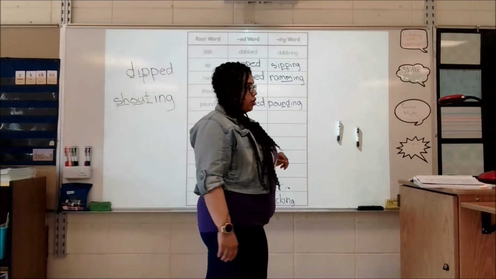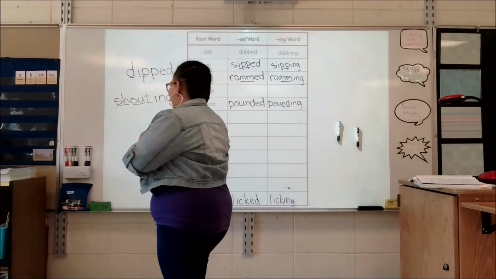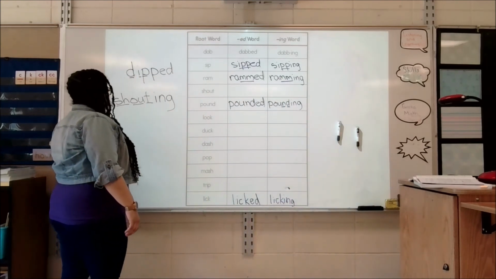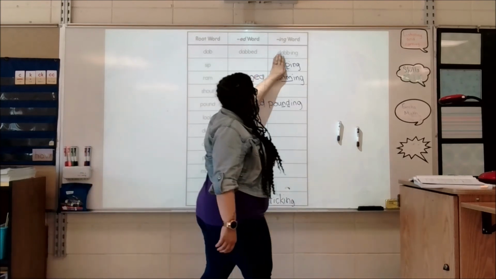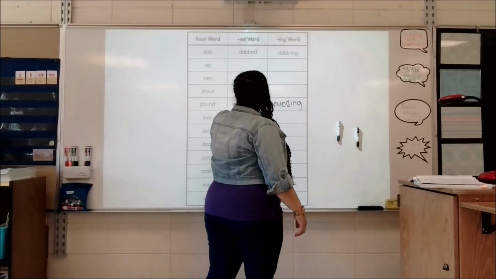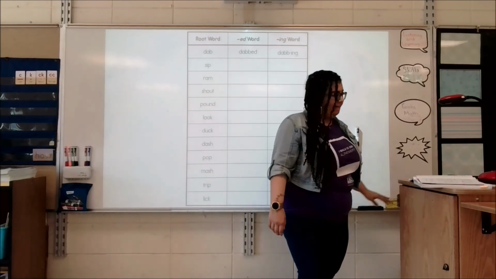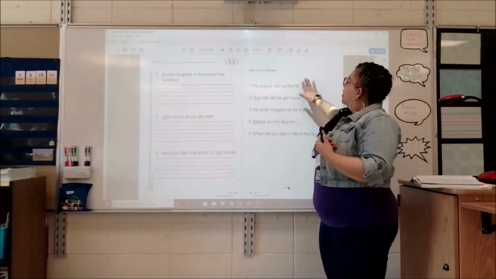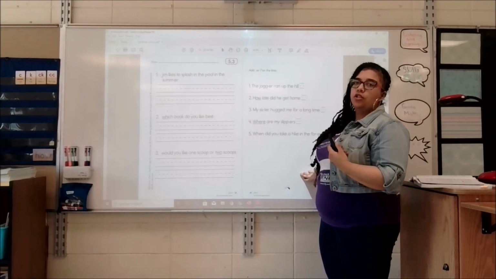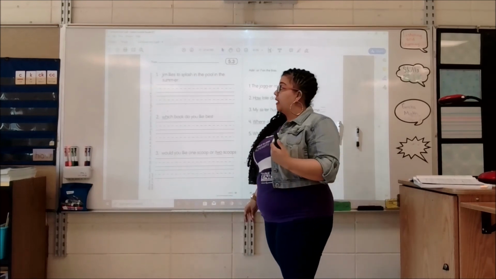Let me show you what else you're responsible for today. It's going to be 5.3. The back will be digital. The front, you're going to have to write it down, and you're going to take a picture.